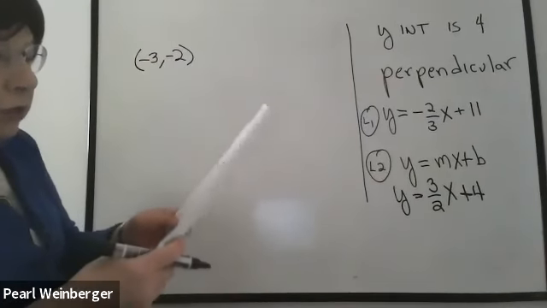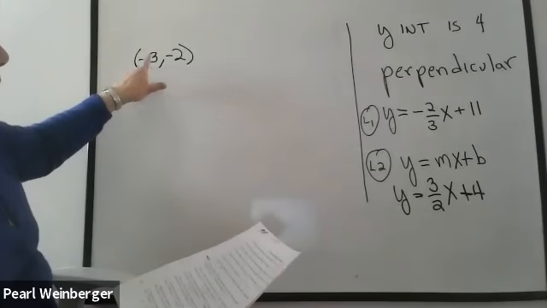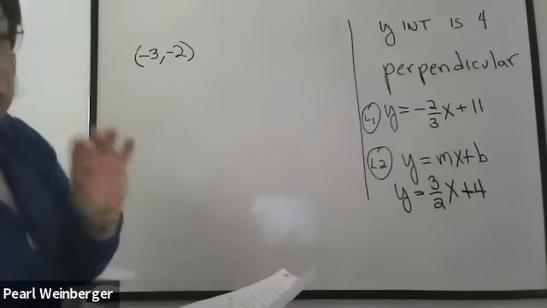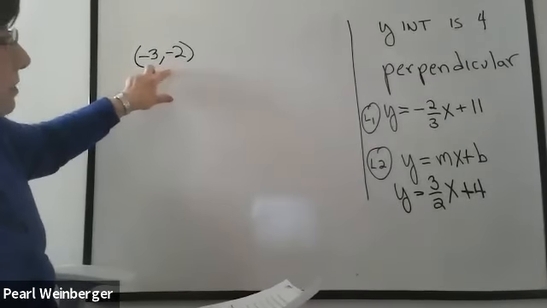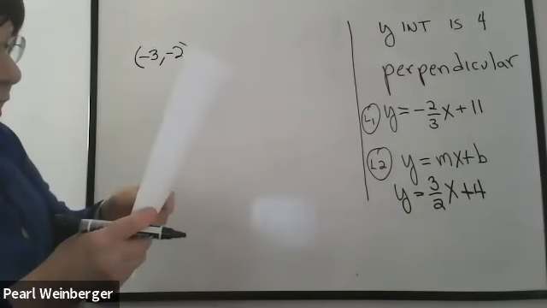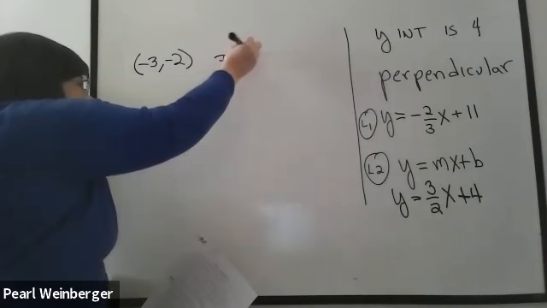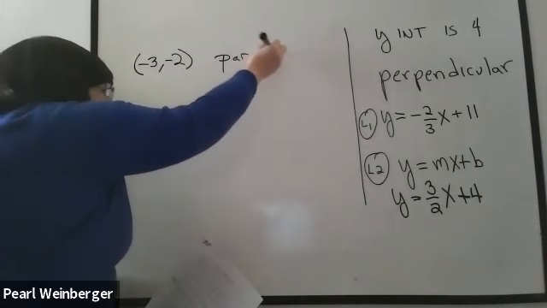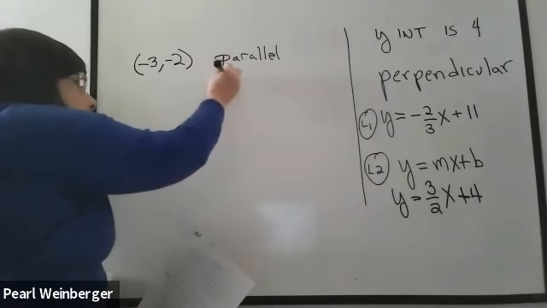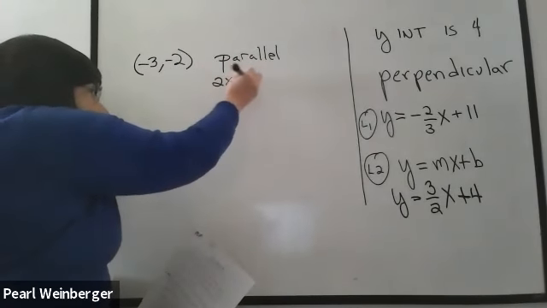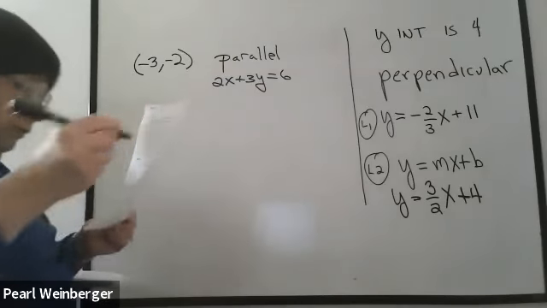Determine the equation of a line that goes through the point -3, -2. They're not telling me what my y-intercept is. They're just telling me a point that's on the line. And the line is going to be parallel to the line 2x plus 3y equals 6.